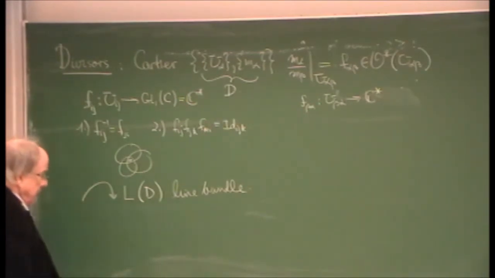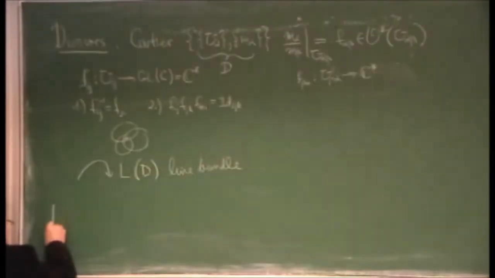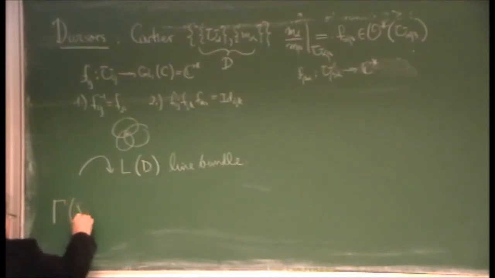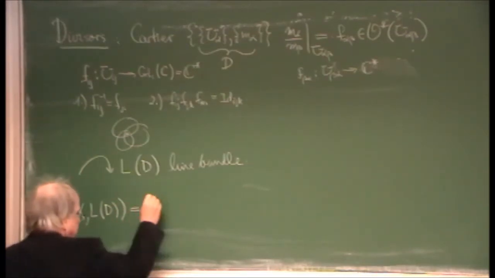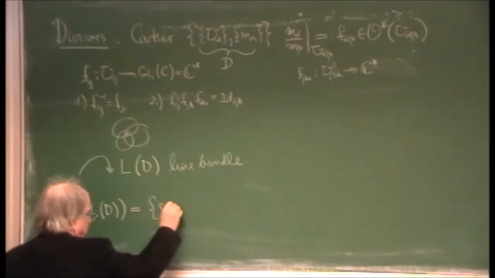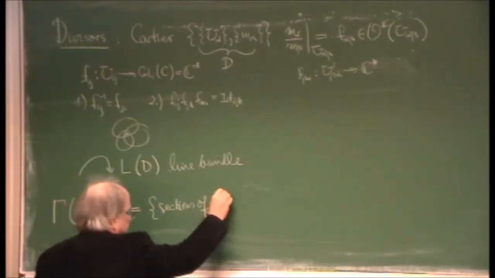And now, let's think about this for a minute. The notation, I will always use say over X, over U, it doesn't matter, of the line bundle. So this is the space of sections of L_D.